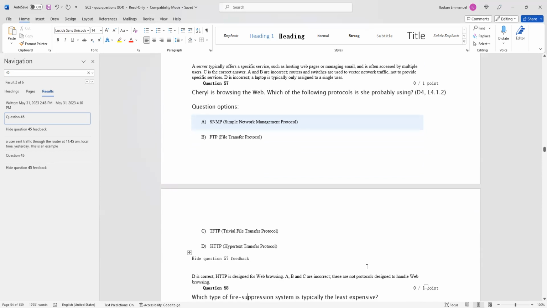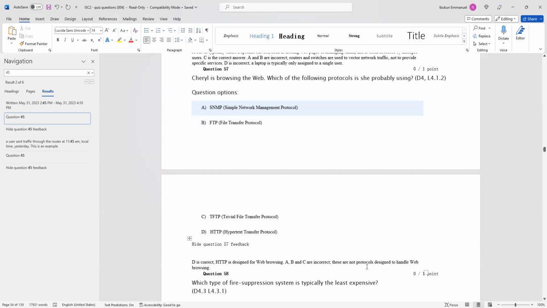Cheryl is browsing the web. Which of these protocols is she probably using? Is she using Simple Network Management Protocol, which is used to manage the routers? FTP, file transfer protocol, which is used to transfer documents, large documents especially.